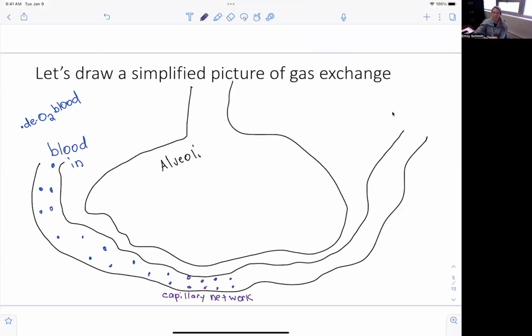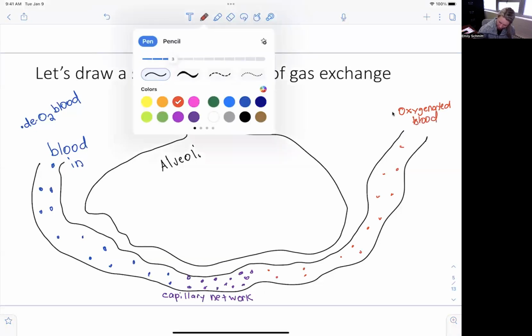So we know that these are tiny blood vessels that facilitate gas exchange. So now this is oxygenated blood. So our gas exchange has occurred.